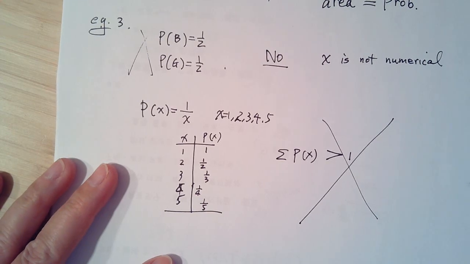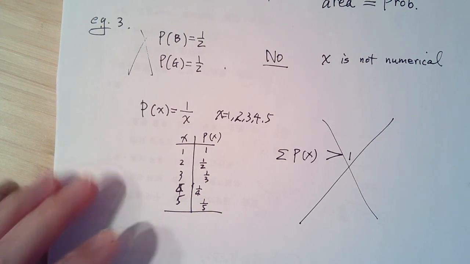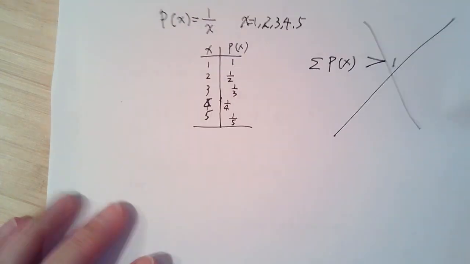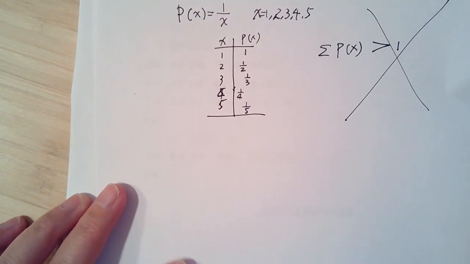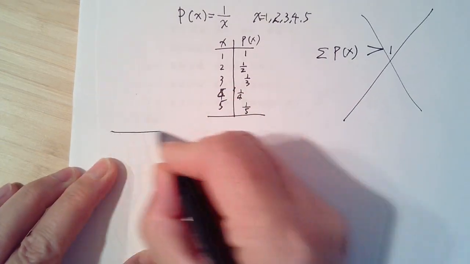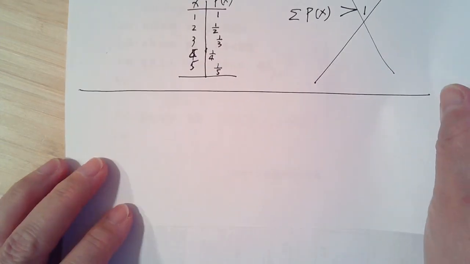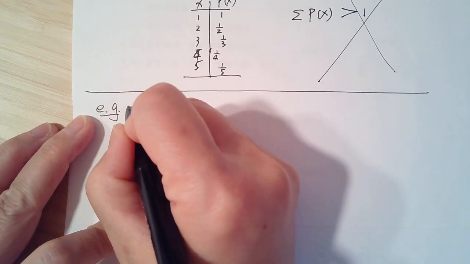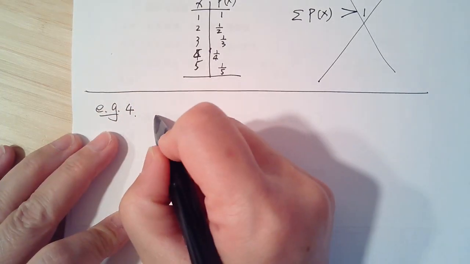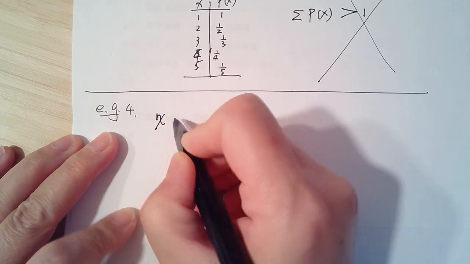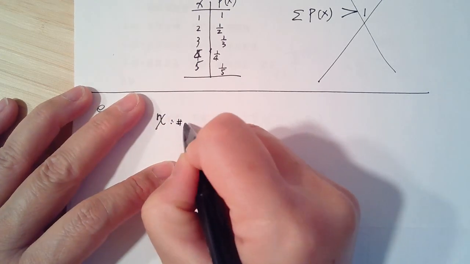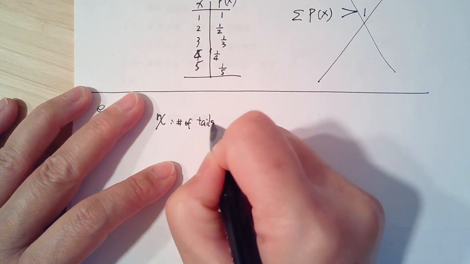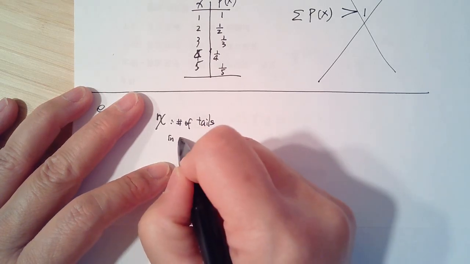Let me do one more. We do the coin one. Do you remember you toss 2 coins and x is the number of tails? I just changed that a little bit: number of tails in 2 tosses.